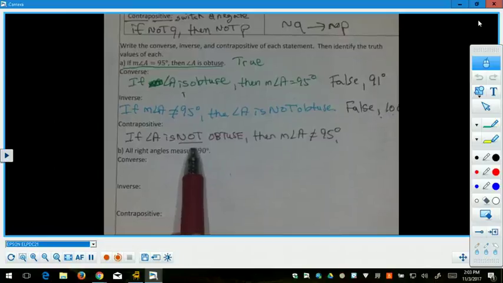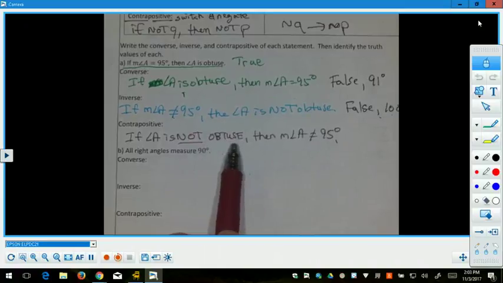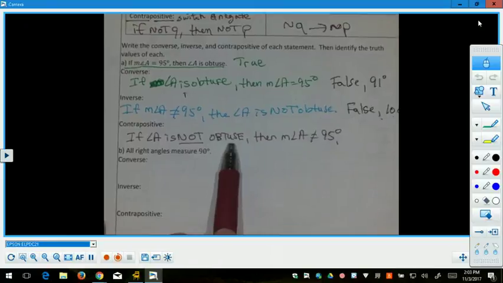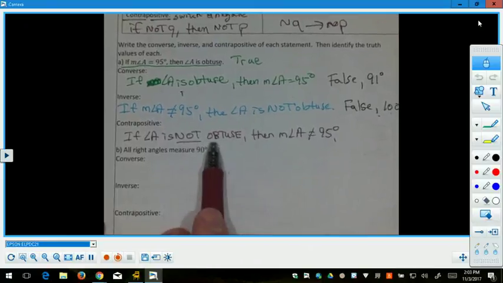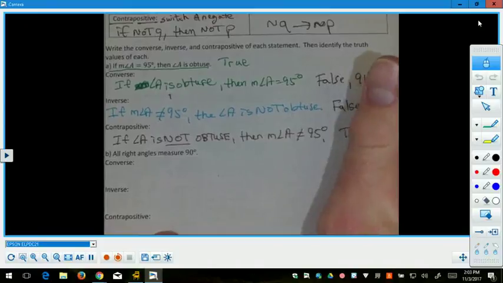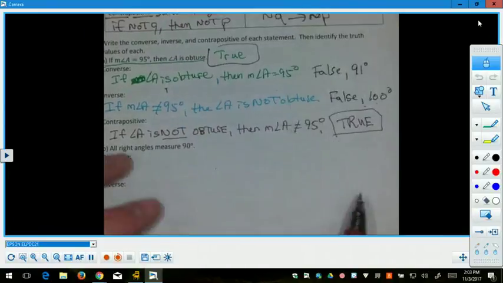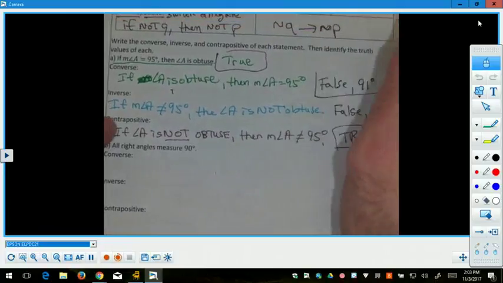If an angle is not obtuse, then it can't be 95 degrees. True. Because any angle that's not obtuse is either 180 because it's a straight angle, or more than a straight angle. We could have things above 180. Or it's between 0 and 90, so it's acute. And in any of those cases, it's not 95 degrees. So this is a true conditional sentence, a true contrapositive.